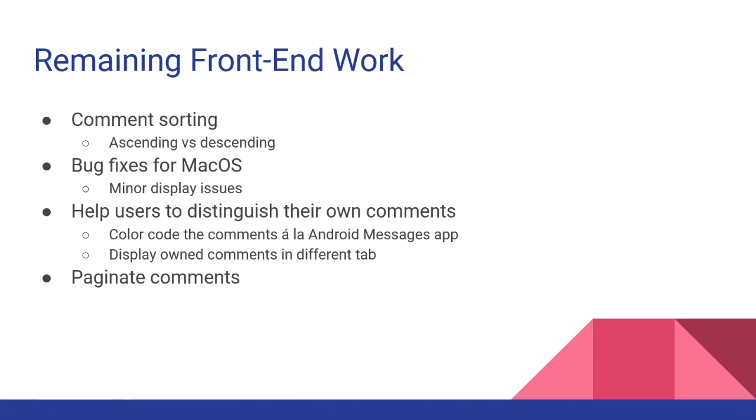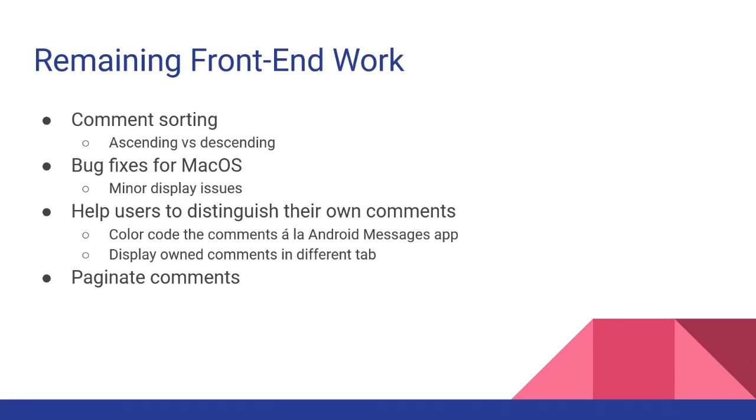For remaining front-end work to achieve our base functionality, we want to implement some sorting of comments. There's some few minor bug fixes that we need to do for Mac OS. And we'd like to help users to distinguish their own comments. As you can see in that image, there's a whole lot of comments on that page, and they kind of all look the same.